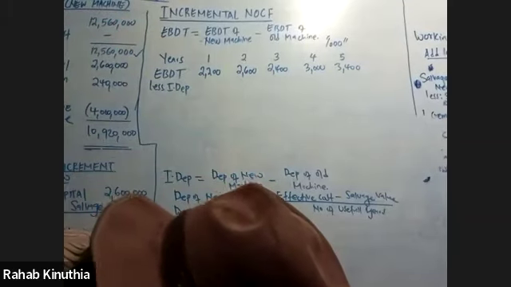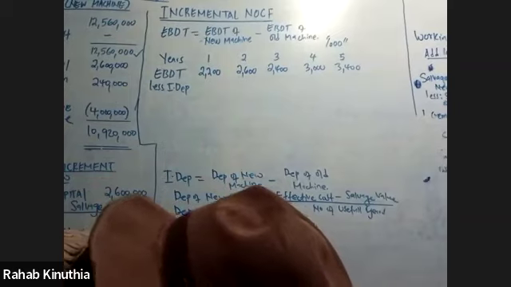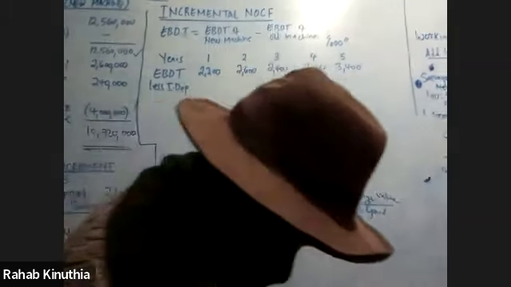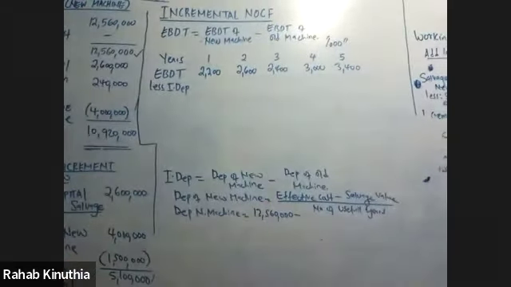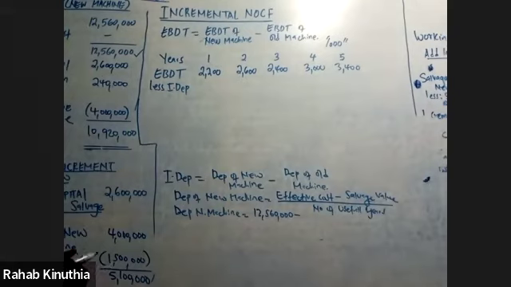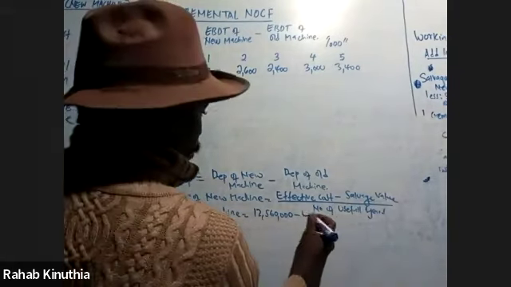So 12,560, mnaiona? Salvage value. The new machine has a salvage value of how much? Of 4 million hii hapa. Salvage value of new machine ni hii hapa 4 million. So we need to subtract 4 million.